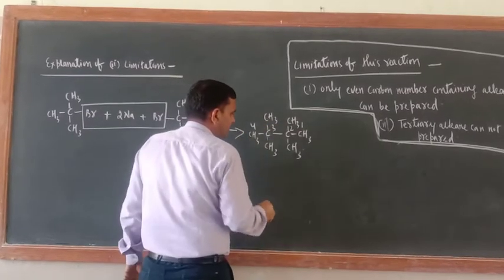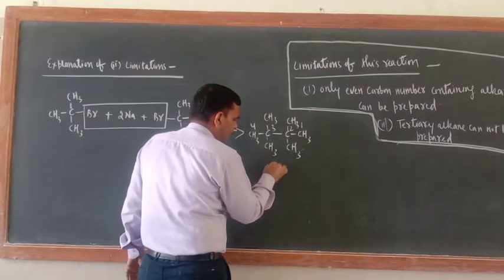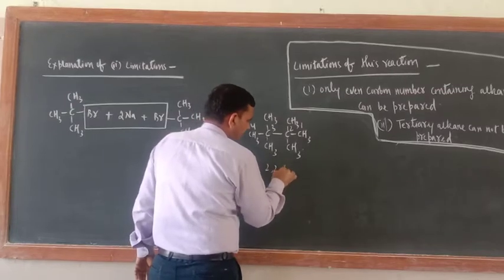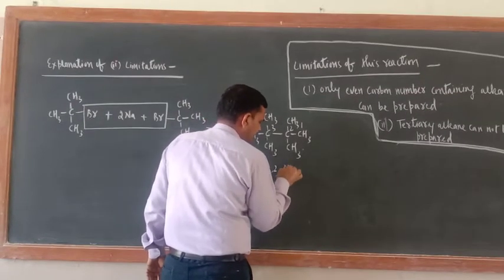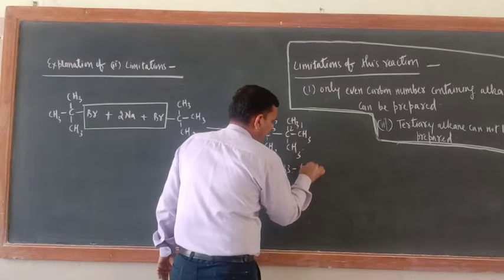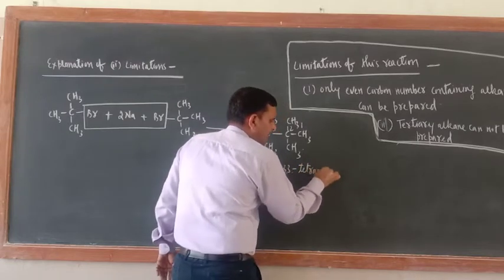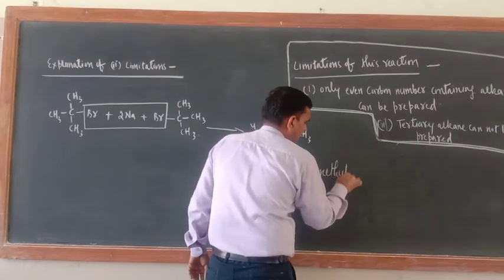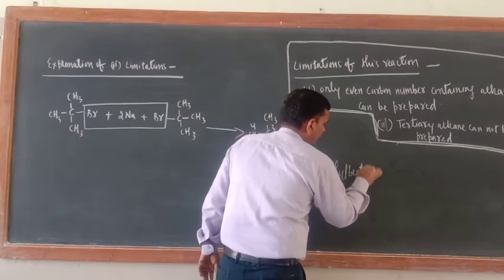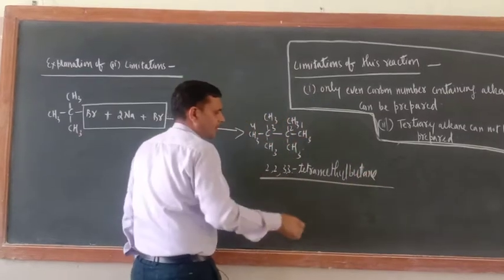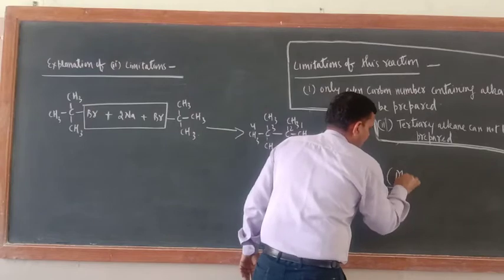So what is the name of this one? 2,2,3,3-tetramethylbutane. Okay, this is the product, and this is the minor product.